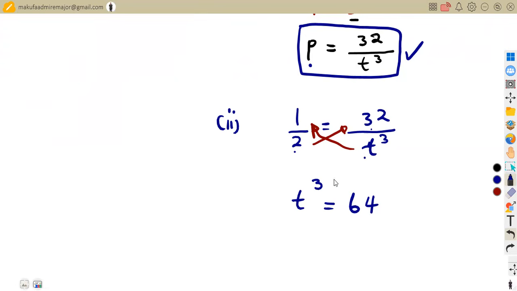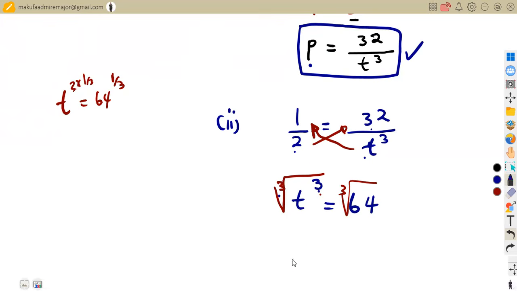So the question is, how do you remove the cube? We introduce the cube root, the opposite of the cube. On both sides, T to the exponent of 3 is equal to 64, and we multiply the exponents by a third, which is the inverse of 3. So 64 to the exponent of a third simply means the cube root of 64, as we know from our exponents.